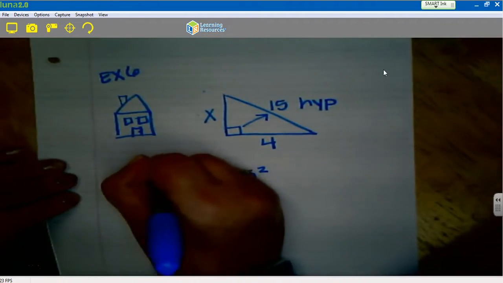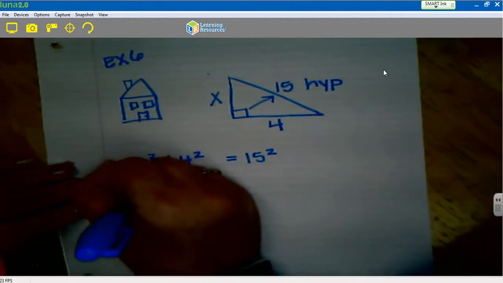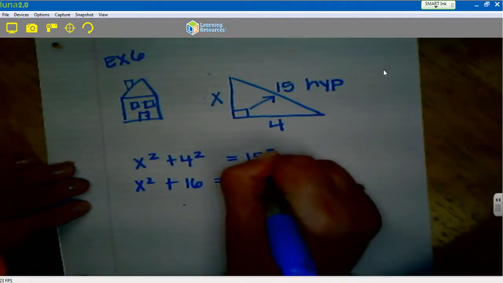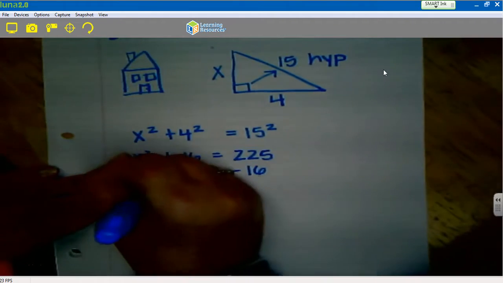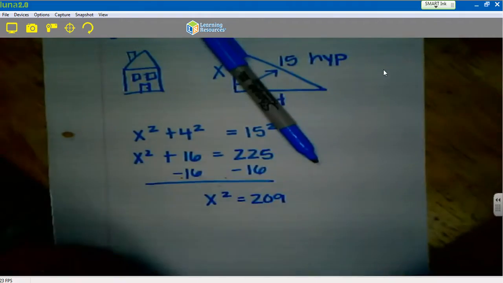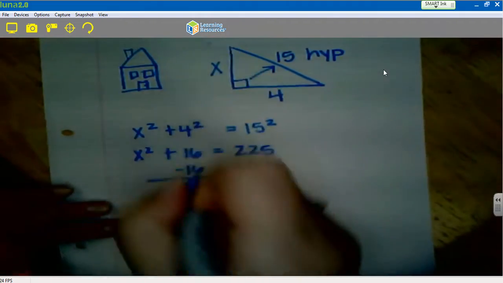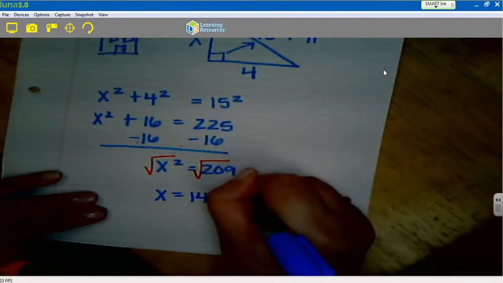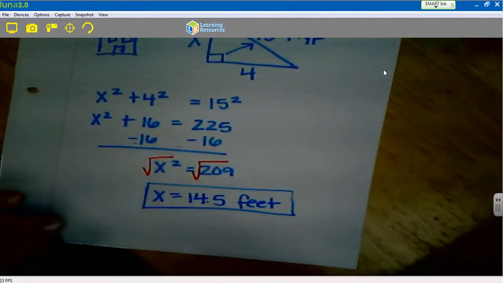So we have x squared plus 4 squared. Again, we have to subtract in this case. Take the square root of each side. And x is about 14.5 feet.